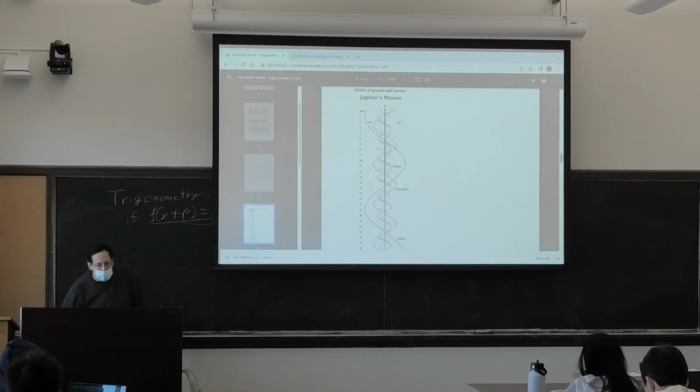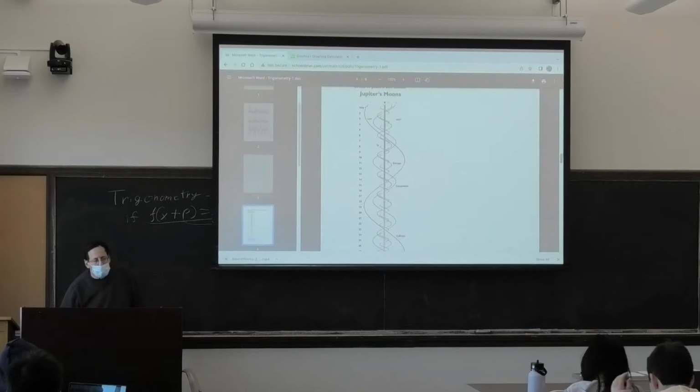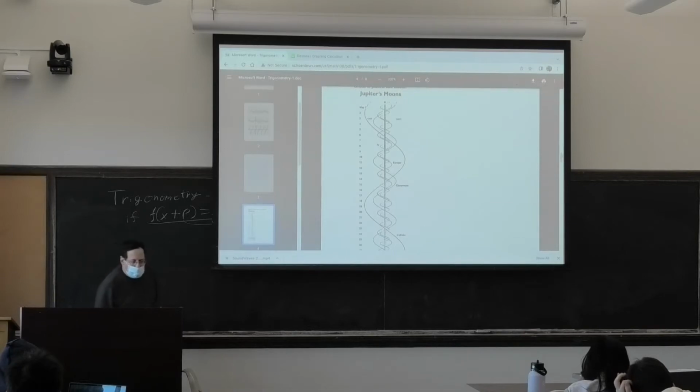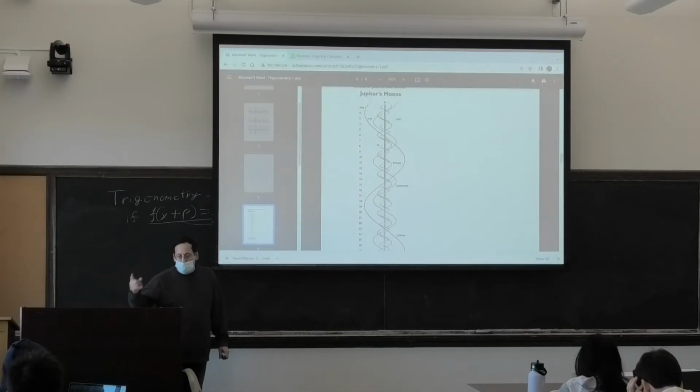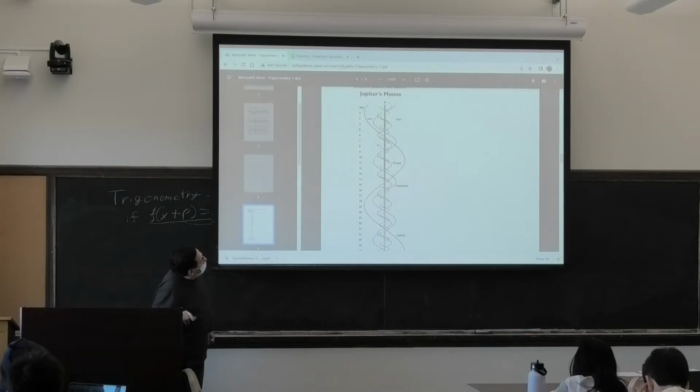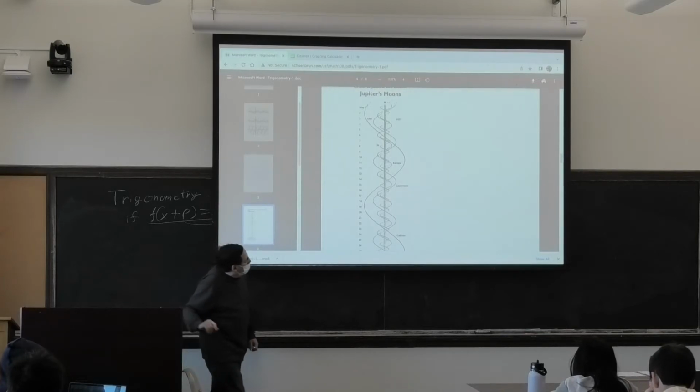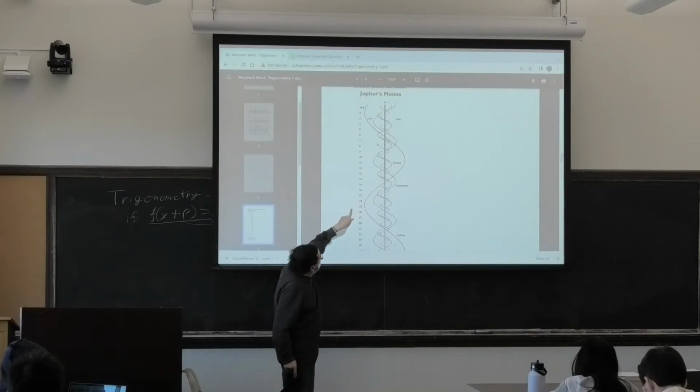Okay, from astronomy, we have the rotation of moons around, in this case, Jupiter. Jupiter has a number of moons, and you can see they all have a different period, but a periodicity to them.